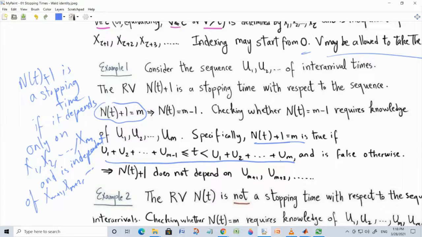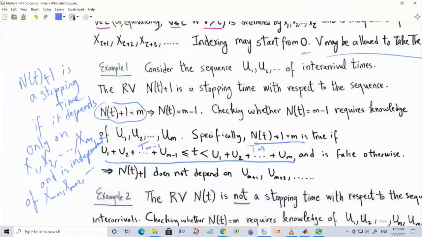This event is true, n of t is exactly equal to m minus 1, if t is greater than or equal to this sum, which is the time of occurrence of event m minus 1, and t is strictly less than this sum, which is tm. If that is the case, then n of t plus 1 is m. If t is somewhere else, not between these, then this event is false.